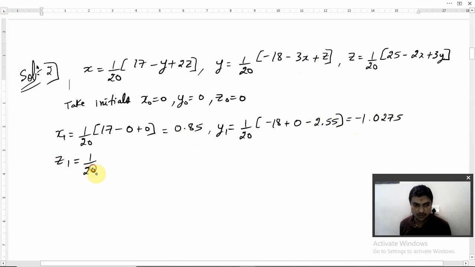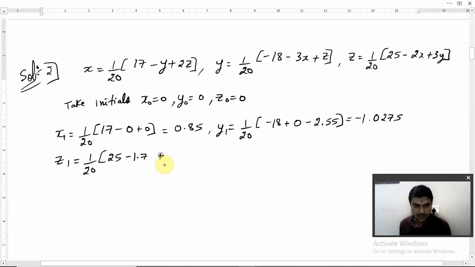Then I am going to solve z1. z1 is equal to 1 upon 20 into 25 minus, now we know x and we know y, directly I am going to substitute here. Minus 2 into x, x is 0.85, we know the previous value. 0.85 into 2 will give you 1.7. Please do it in the calculator, friends.